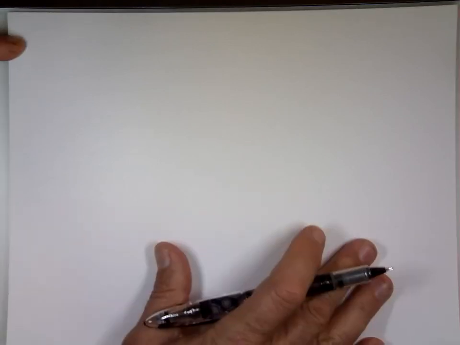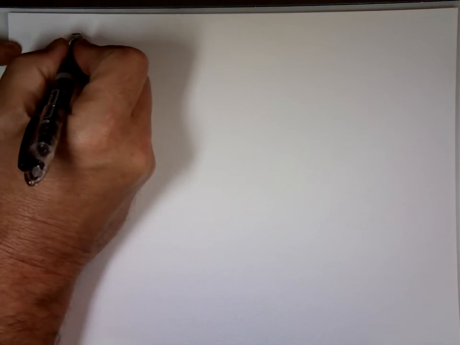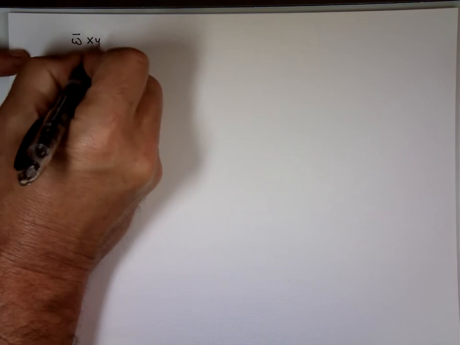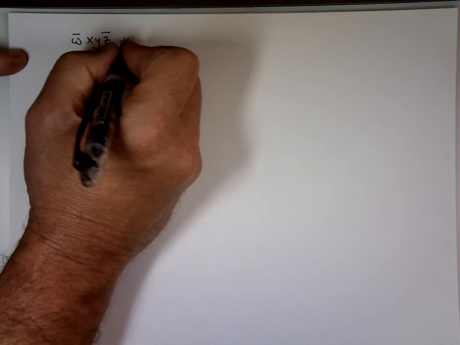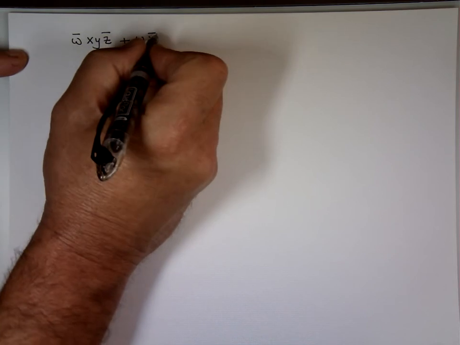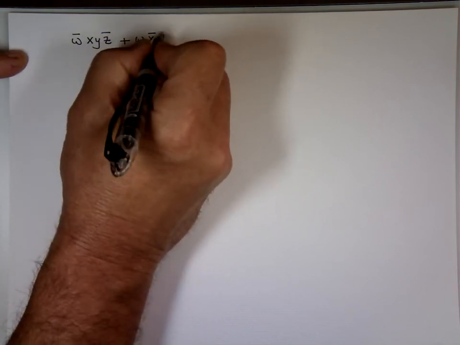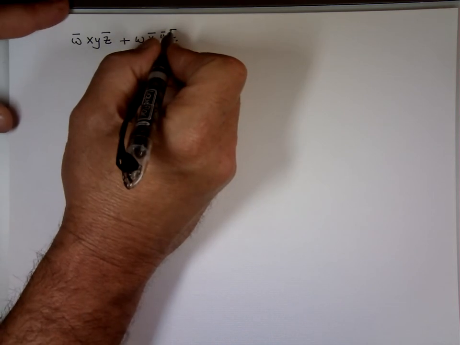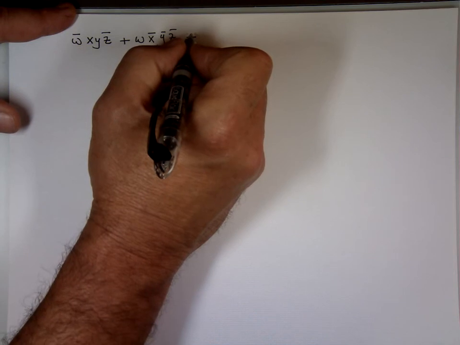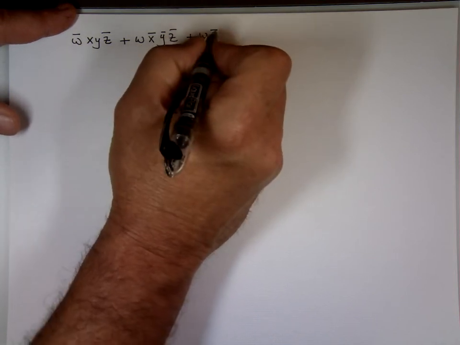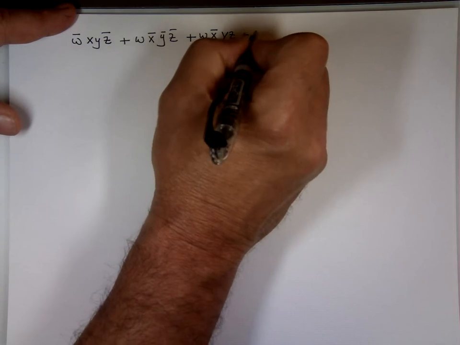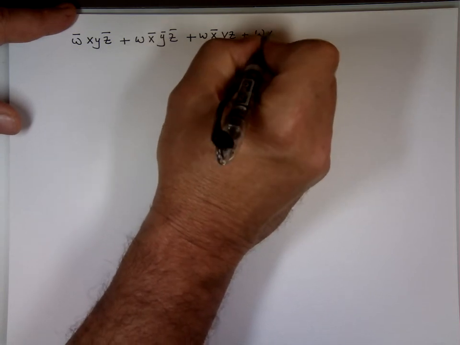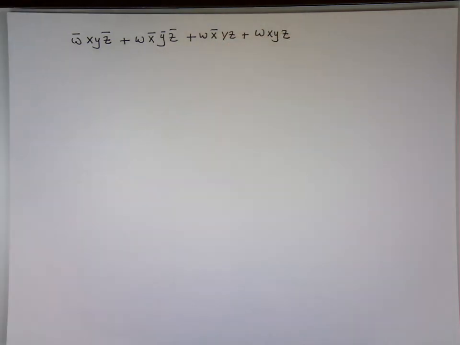Ready for one? Here we go. W bar X, Y, Z bar, plus W, X bar, Y bar, Z bar, plus W, X bar, Y and Z, plus W, X, Y, and Z. You're given this expression.